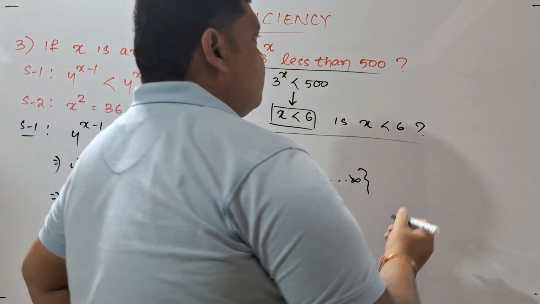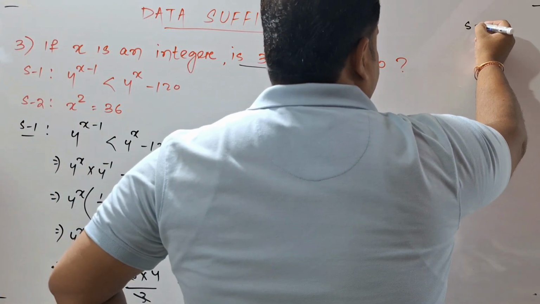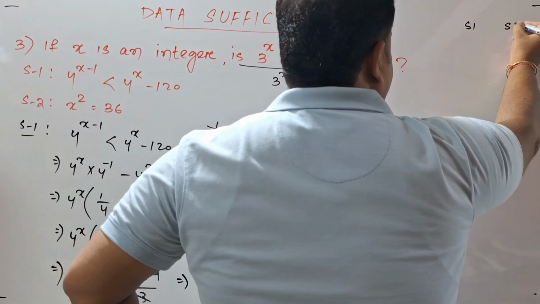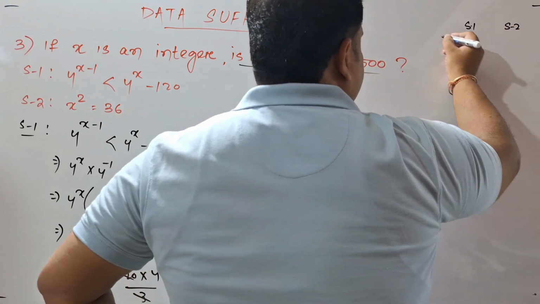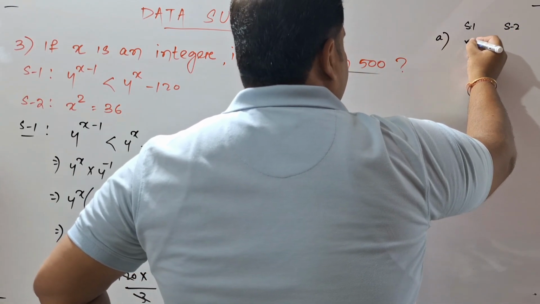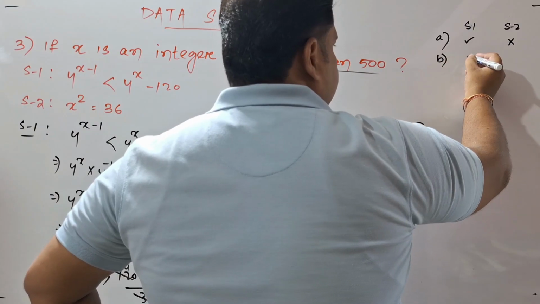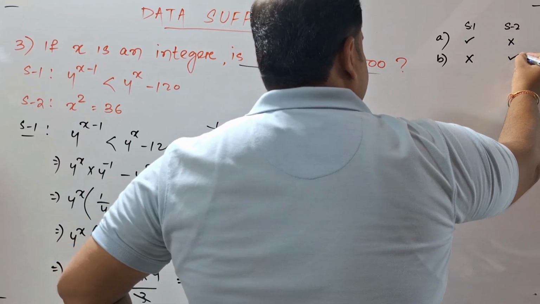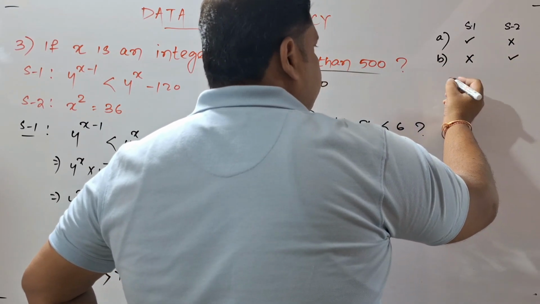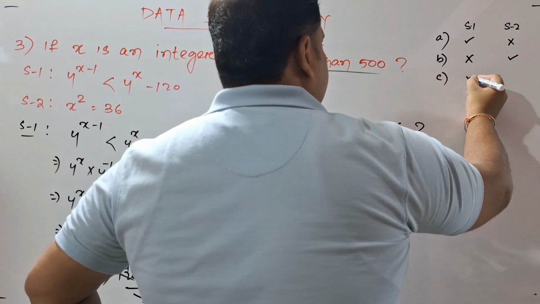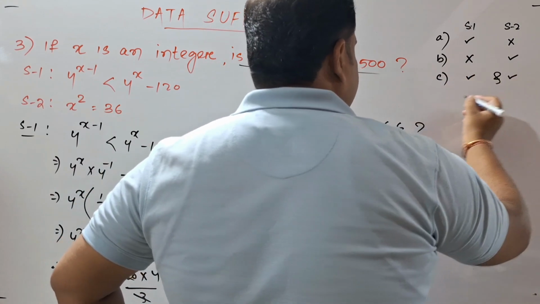If I frame the options again, statement 1 and statement 2: Option A, statement 1 alone is sufficient, statement 2 is not sufficient. Option B, statement 1 alone is not sufficient, statement 2 is sufficient. Option C, both the statements together are sufficient.